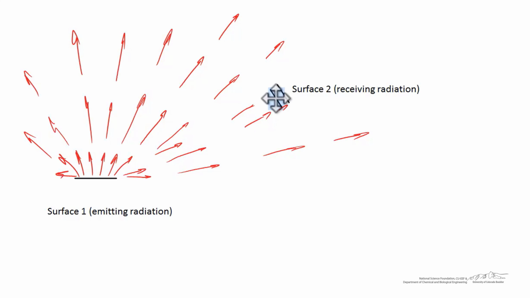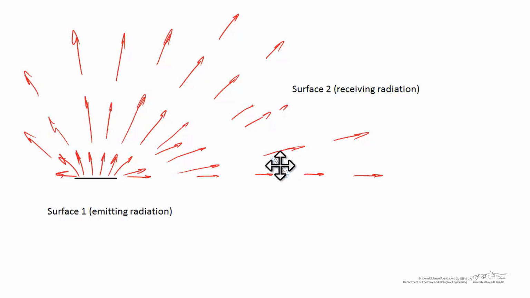Another thing to consider is the location of surface 2 relative to surface 1. If I put surface 2 down here, it's pretty obvious that it's not receiving any radiation in that case. Even if I drew horizontal arrows, radiation coming from 1, it's below even those arrows. If I bring it up, the surface area that surface 2 sees of surface 1 is really small if I position it here.